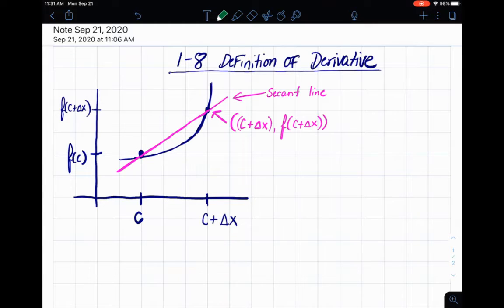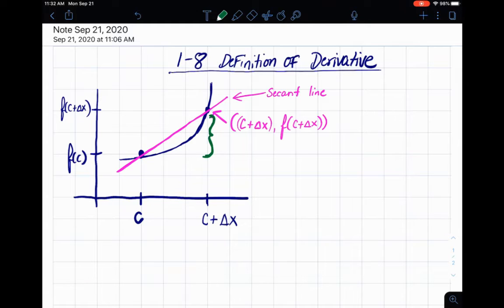So we could use that same concept, rise over run, okay? So if I think about the rise here between these 2 points, that's going to be this distance here between these 2 points, okay? How could I find that distance? Subtract the 2, okay? So subtract the 2, what?